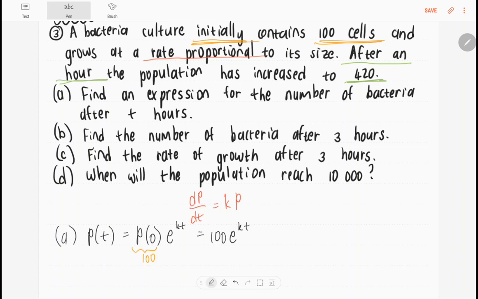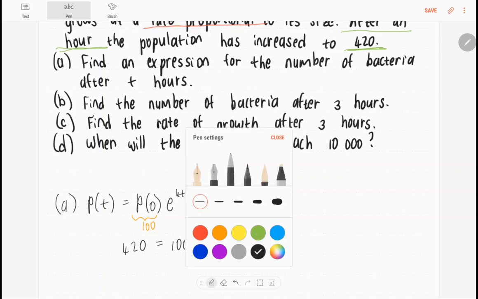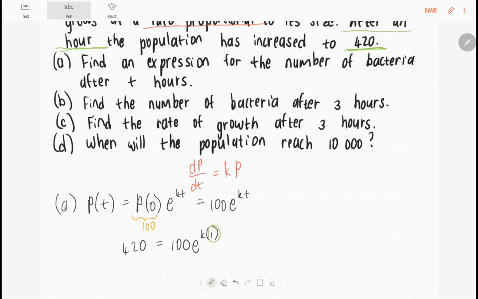Now I want to solve for k. I'm going to use my other piece of information that after an hour the population has increased to 420. So after an hour I have 420 equals 100 e to the k multiplied by 1. All I did was substitute that information in here.